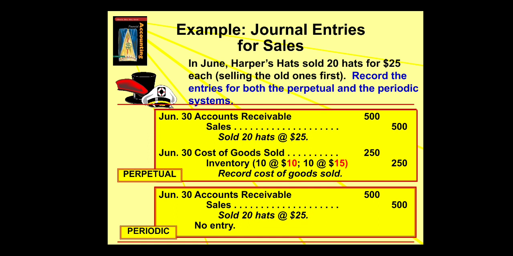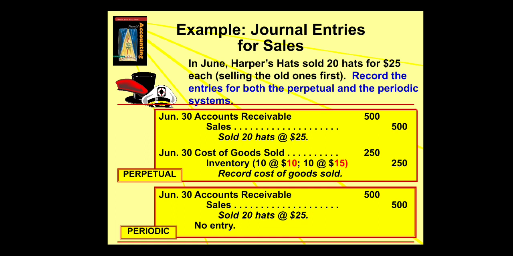But if the business uses the periodic inventory system, you have to do the recording like the second box. See that if the business uses the periodic system, the business only has to record the revenue.